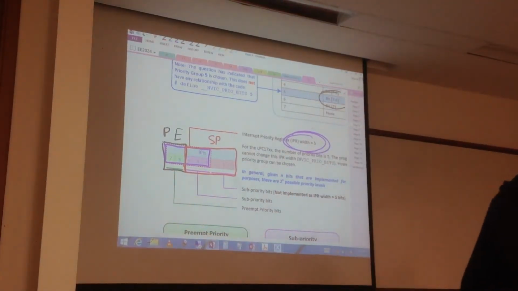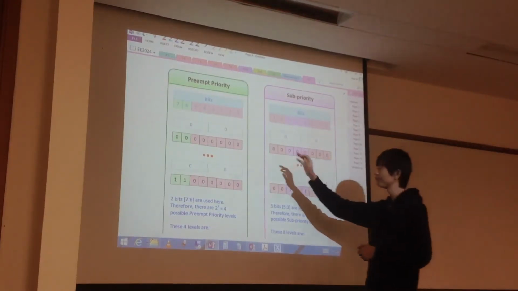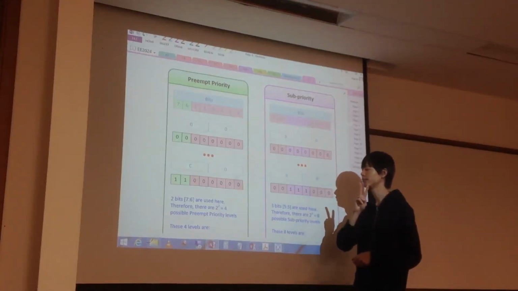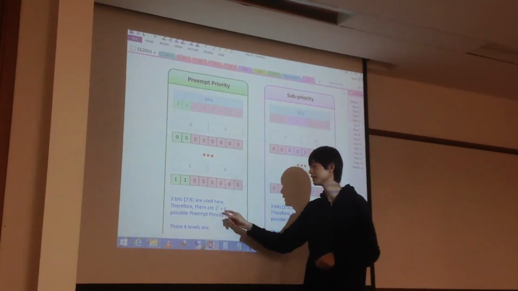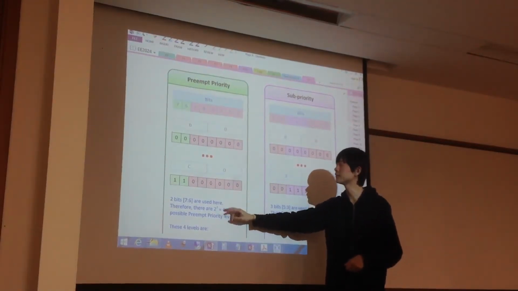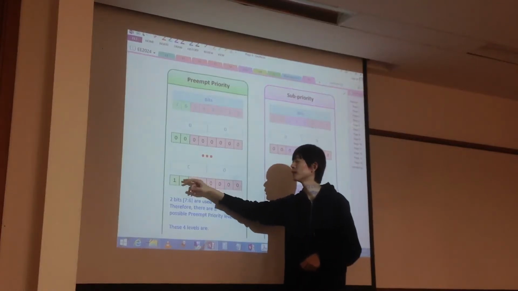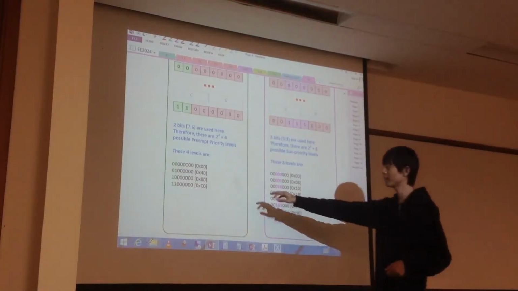For preempt, 2 bits means 2 to the power of 2 possibilities, so 4 in all: 00, 01, 10, 11.